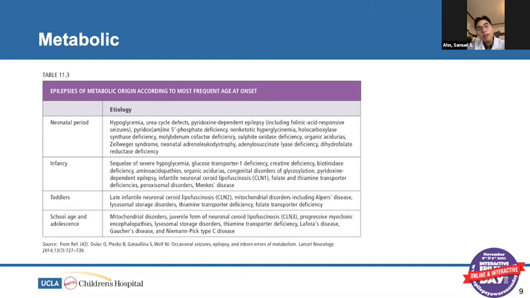Importantly, a lot of these syndromes also have a genetic cause too. So, some of these metabolic syndromes are due to an underlying genetic mutation. So again, while I talk about metabolic causes and genetic causes, oftentimes these overlap together.